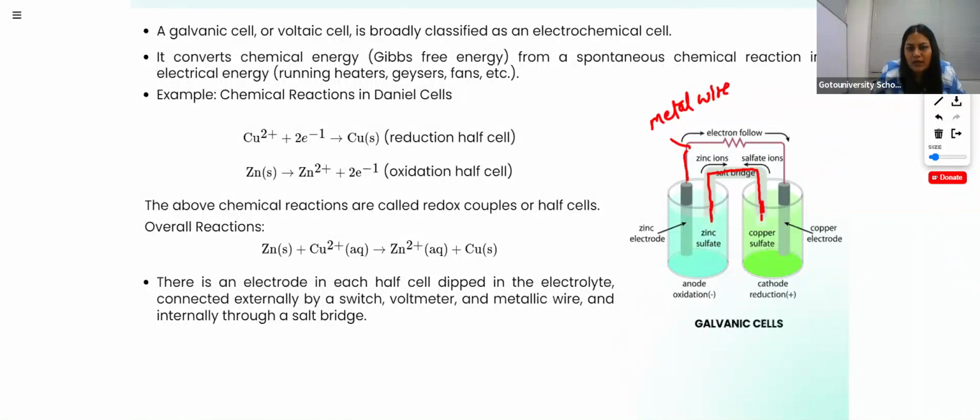Here we have a voltmeter to check the electron current flow, and a key to start and stop the current flow. I hope the setup for the galvanic cell, voltaic cell, and Daniell cell is clear to you.